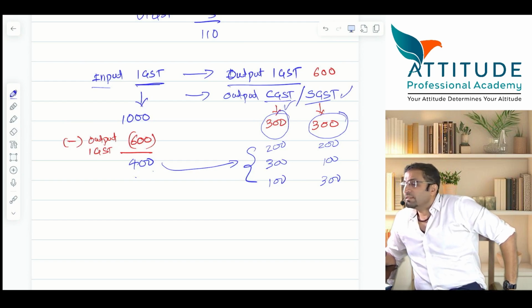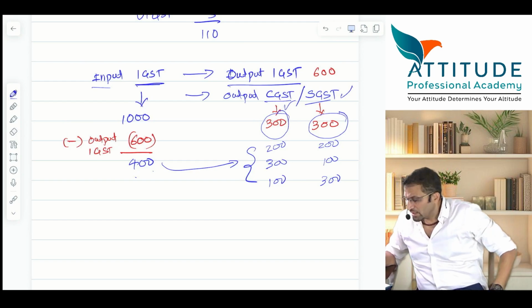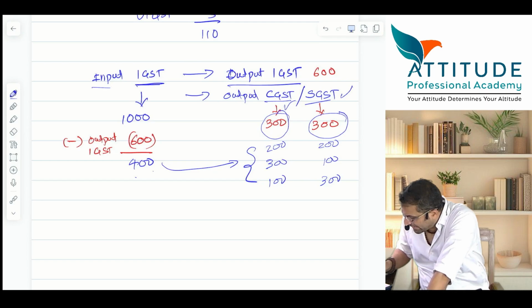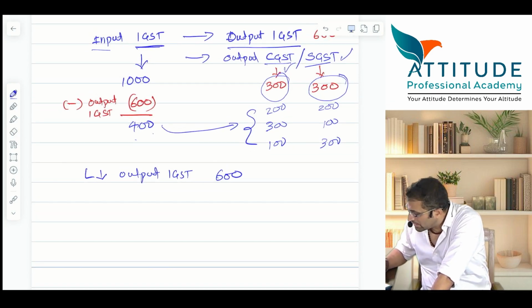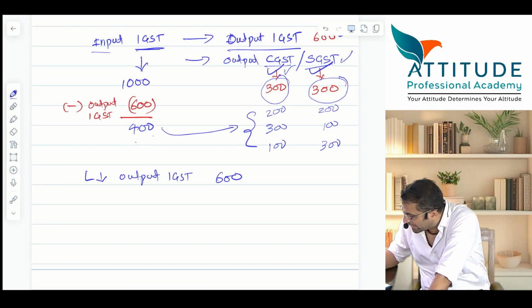Understood? Hello, understood. So if I have to pass the entry, tell me the entry. Output GST account debit, tell me. Output IGST how much is there? 600 debit, liability reduces, yes or no? I have these two also as liabilities only.